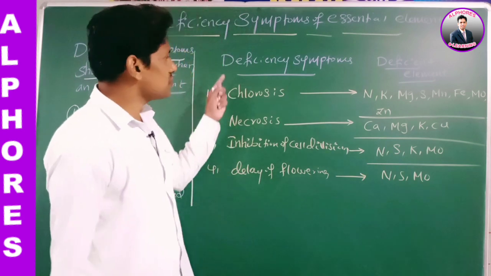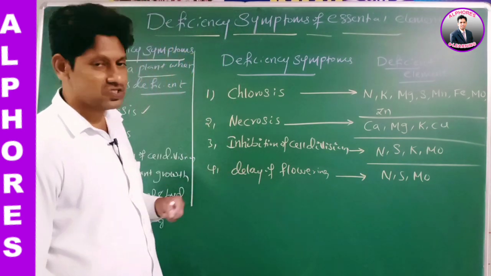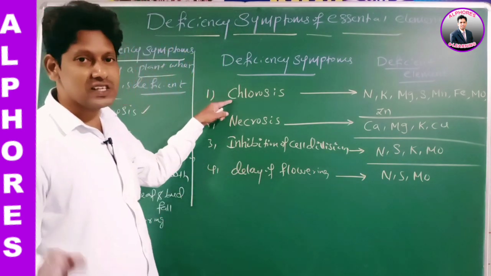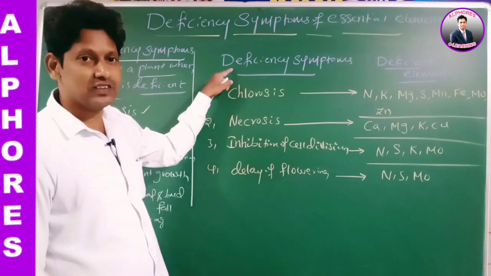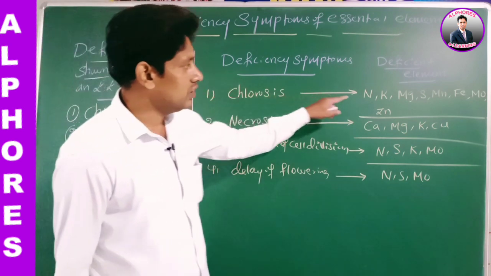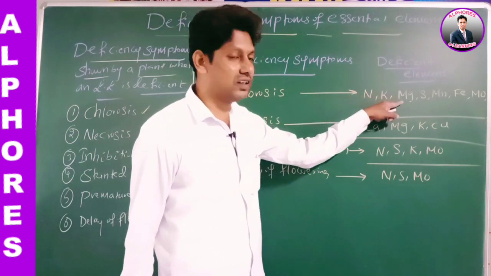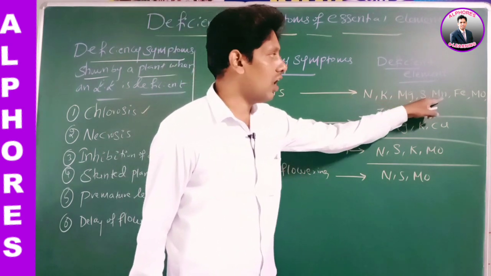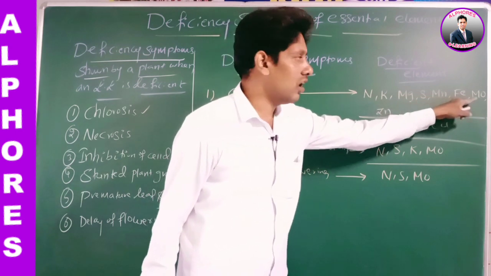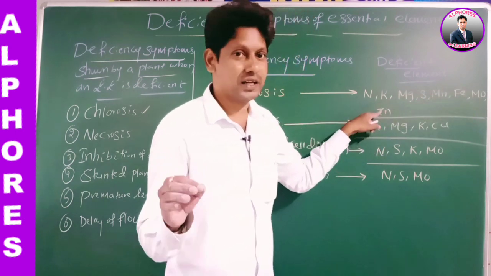Now, once you see this chart, chlorosis is a deficiency symptom that arises if nitrogen, potassium, magnesium, sulfur, manganese, iron, molybdenum or zinc becomes deficient.